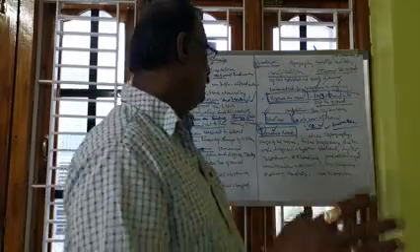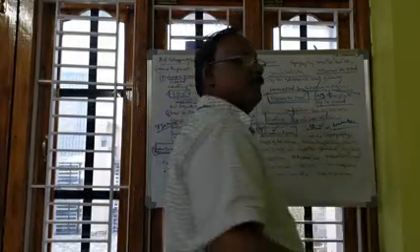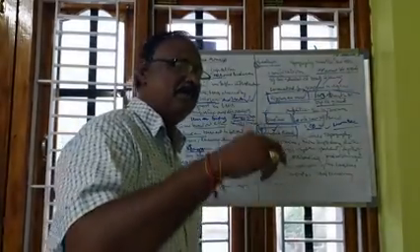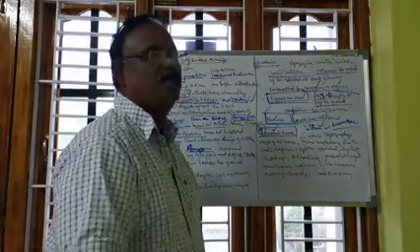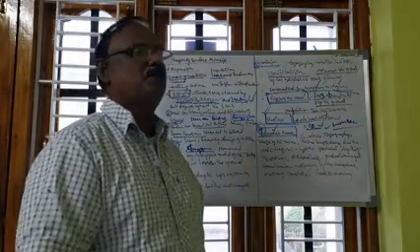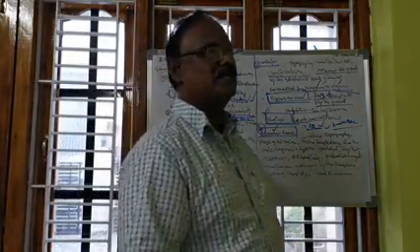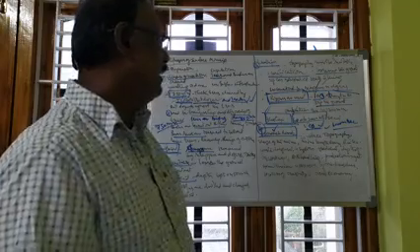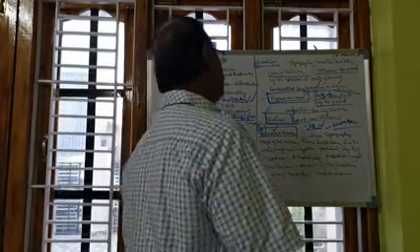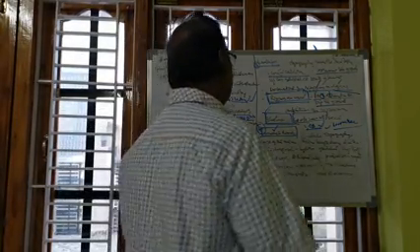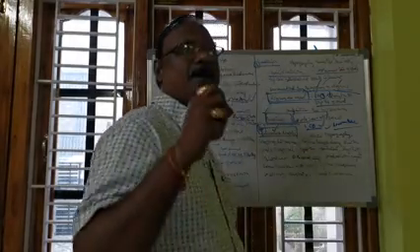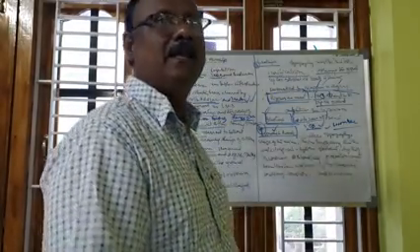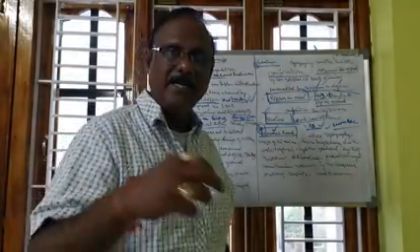So for plying of the dumpers, the road must be made, and that particular road is called the approach road. Maybe the haul road, maybe the approach road. The approach road connects the surface of the open cast mine and the bottom of the open cast mine, where the mining is done.